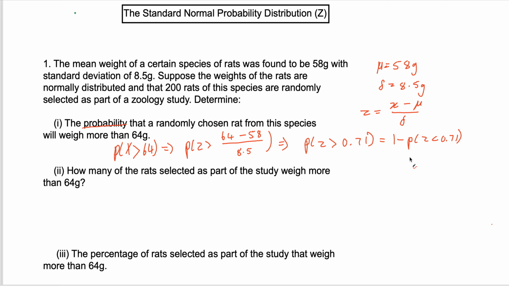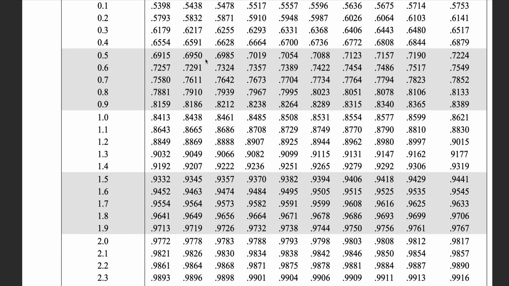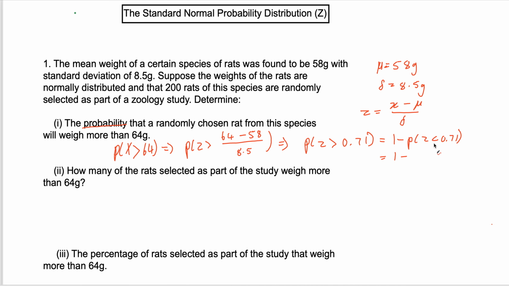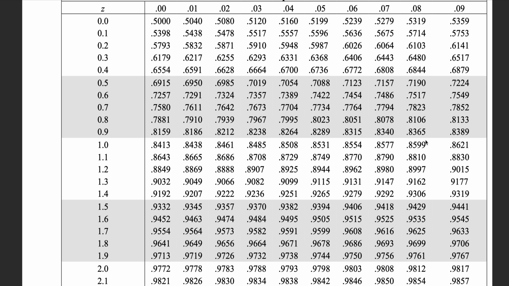Now how do you get this value? This is 1 minus the specific value from the table. We're looking for 0.71. Remember, the Z values are on the outside, so you always look at those Z values.